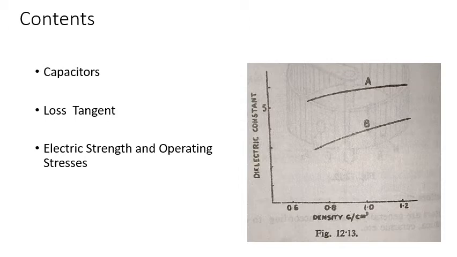Now what is meant by capacitor paper? The manufacture of capacitors requires papers which can be used for the insulation of extremely large electrode areas at high stresses, and that's why the electric strength needs to be high, the loss tangent low, and as independent of temperature as possible.